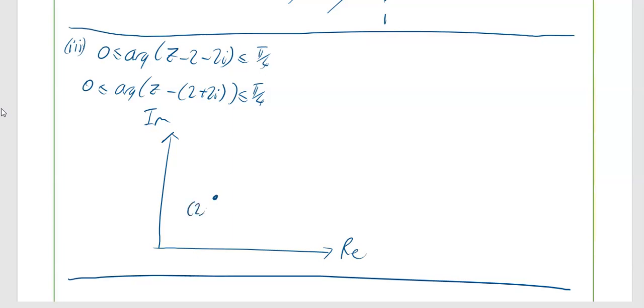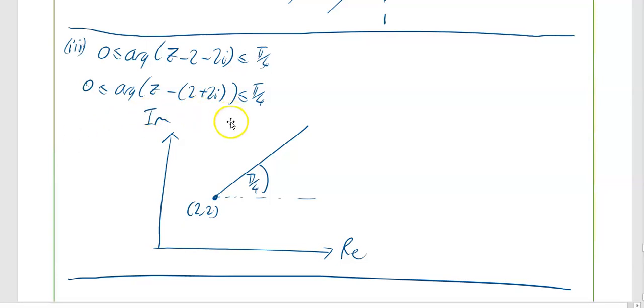That's my point (2, 2). And argument of z minus (2 plus 2i) equals pi over 4 would be a half line going all the way up from here. That's your pi over 4, so that's what it would represent if it was an equal sign.